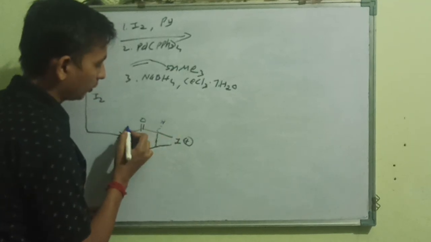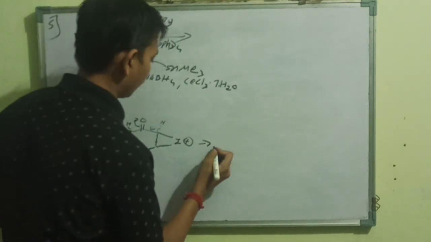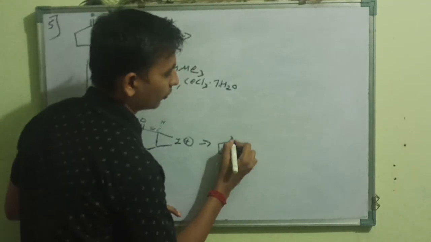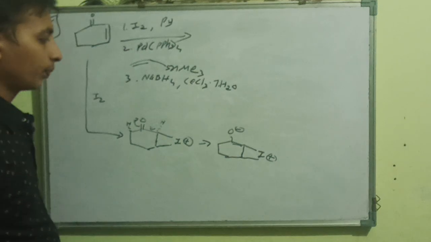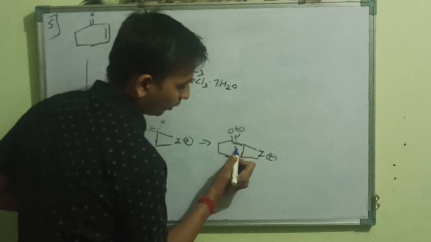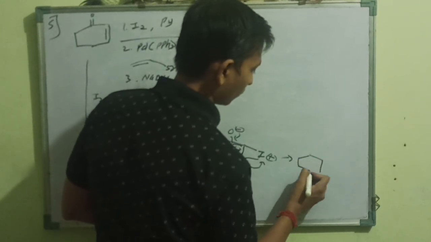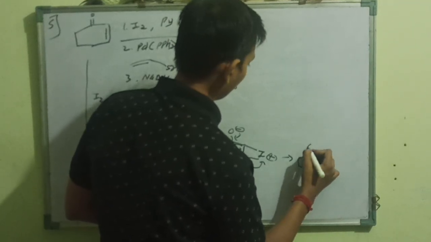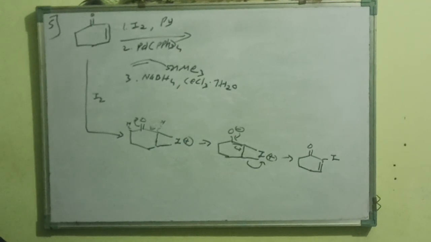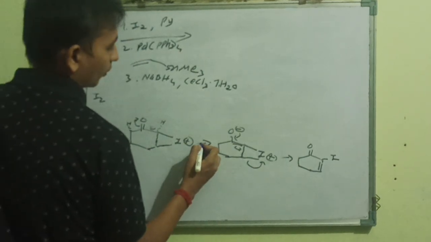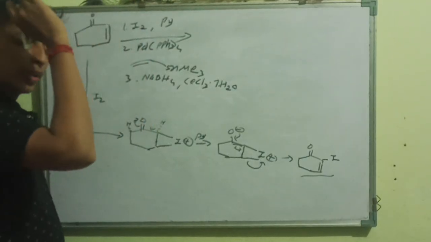The hydrogen is lost, and the double bond remains as it is, with the ring bond breaking. This is the first reaction done.